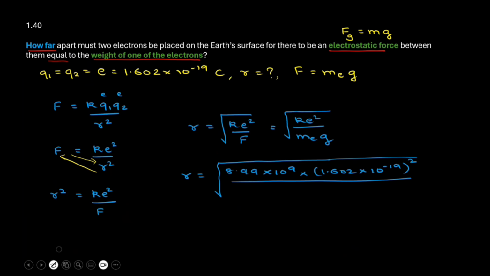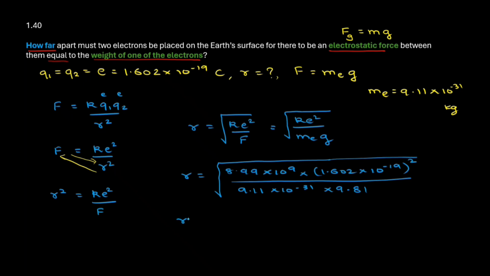The value of that constant is M_E equals 9.11 times 10 to the power negative 31 kilogram. So we substitute that here, 9.11 times 10 to the power negative 31. G is 9.81. And when you solve this, you get the value of R as 5.08 meter.